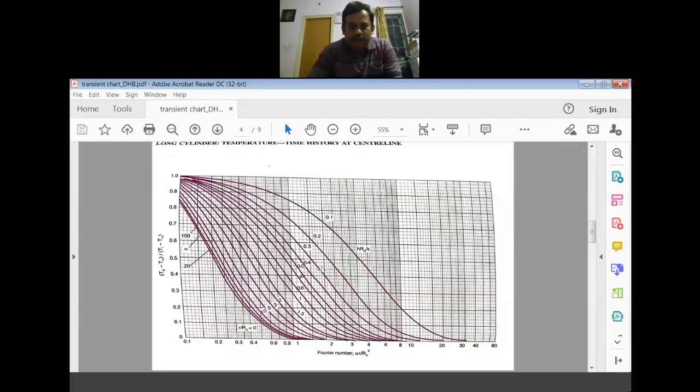The x-axis is the Fourier number, alpha t by r squared, where r is the outer radius of the cylinder, and the Biot number is calculated using hr by k. For different values of Biot number there are different curves.